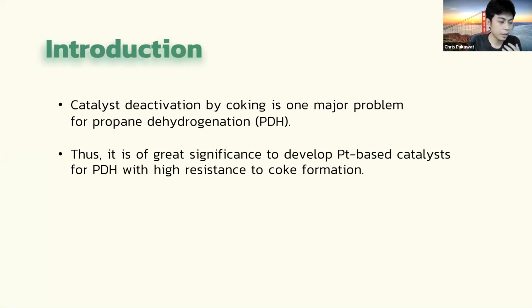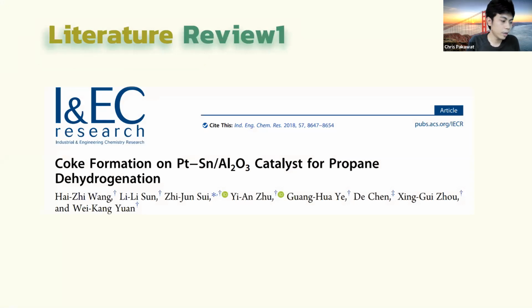Therefore, a catalyst has to be developed with high resistance to coke. The analysis of coke becomes essential. Today, I have selected 2 examples from the research papers. Paper 1, the topic is coke formation on platinum-tin on alumina support catalyst for propane dehydrogenation.